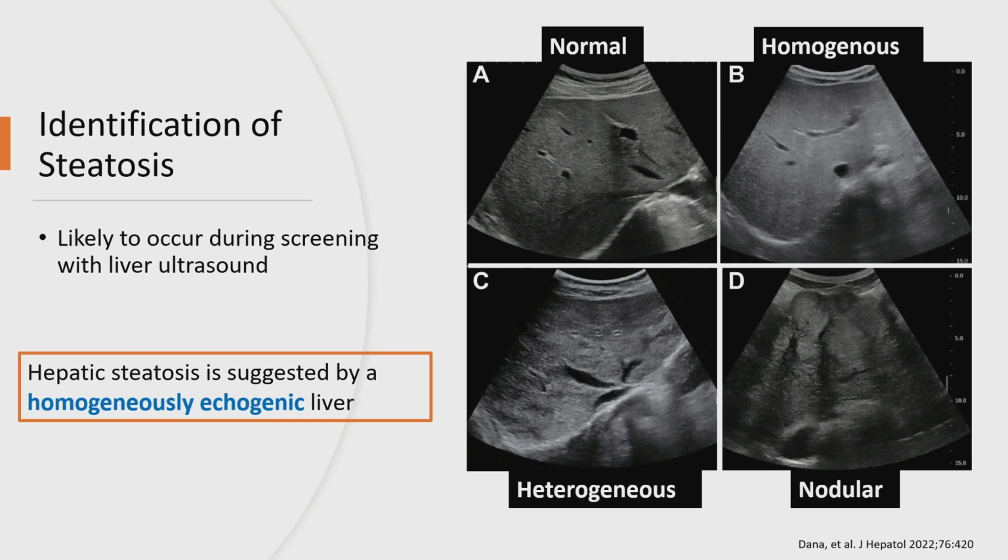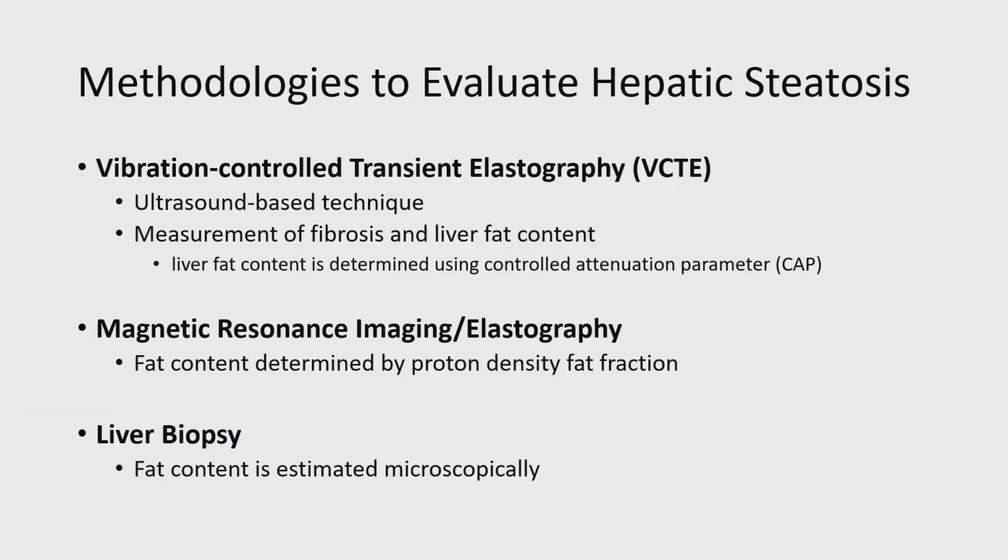You can see there are abnormalities that they will see, and the radiologist will report these out. But that's not the best way. That gives you the indication that steatosis exists, but it's not the best way to diagnose this or to follow it. There are several different ways to do it. One is using transient elastography.